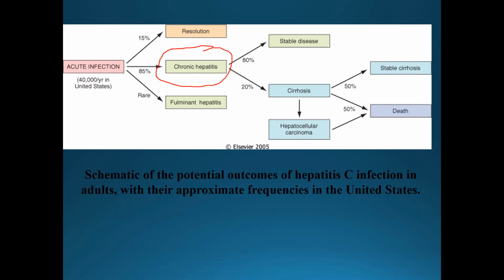As a result, hepatitis C viral infection is one of the leading causes of chronic liver disease in the Western world, as there is a substantial reservoir of individuals at risk for progression to cirrhosis and hepatocellular carcinoma.